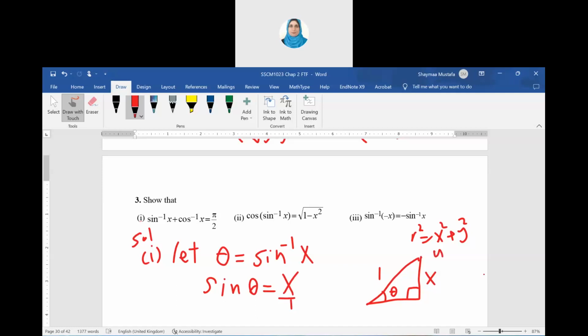So from here, you can conclude that y is the square root of r squared minus x squared. So the adjacent is the square root of 1 minus x squared.